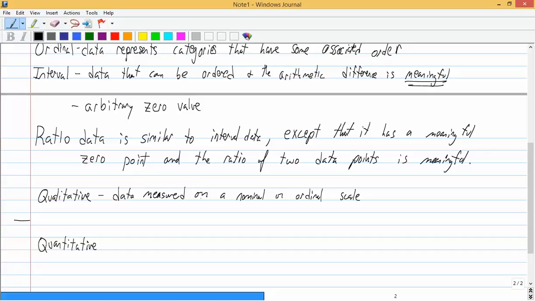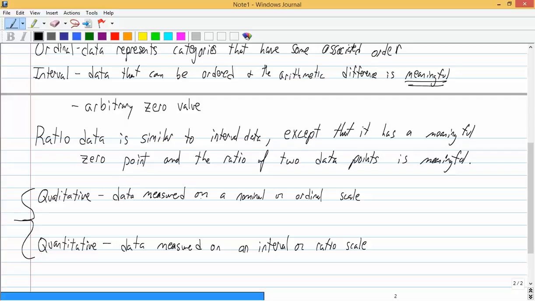Quantitative data is usually measured on an interval or ratio scale. Okay, so that's just 2 ways to categorize data.